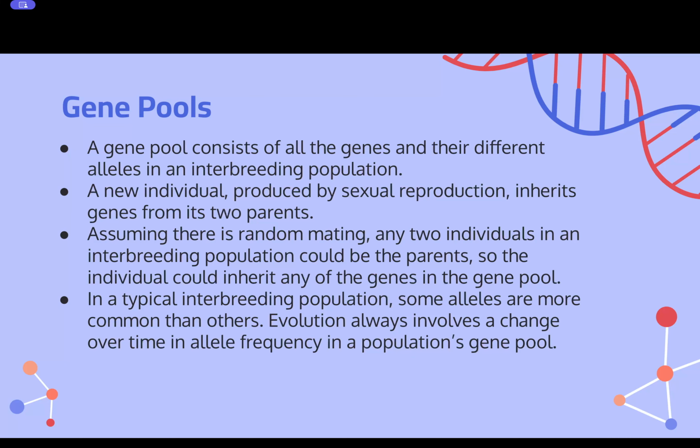If you think about the dihybrid cross, the offspring could have any combination of those four, and you wouldn't be able to trace it back to the parents unless you do a full genetic analysis, because the gene pool consists of all A's and B's. So you don't know whether one specific child belongs to one specific parent unless you do full genetic analysis.